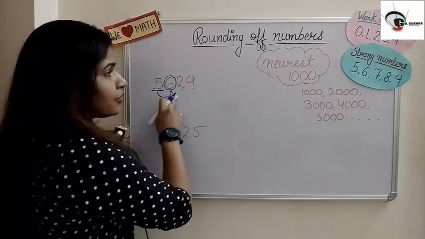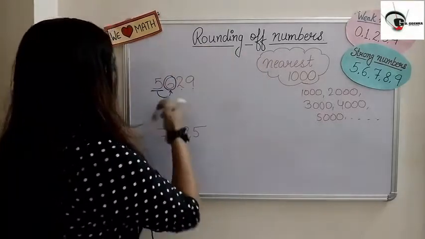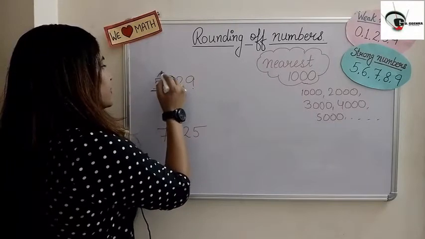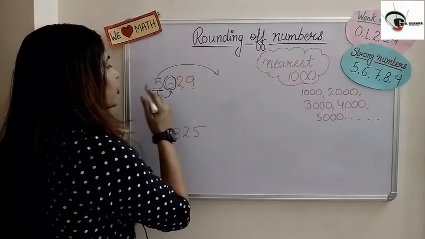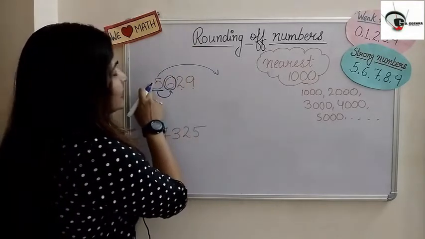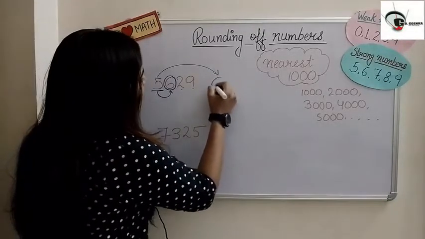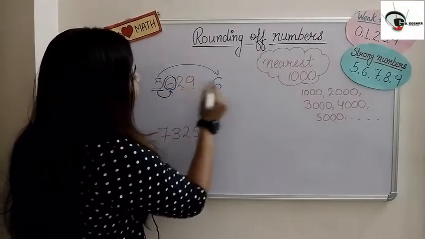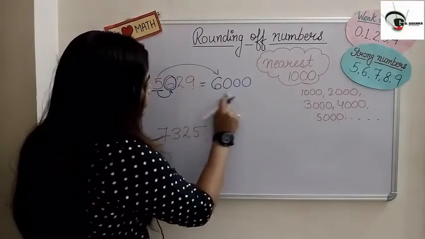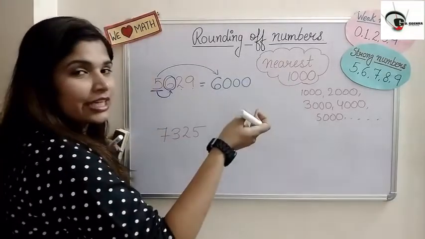And as 6 belongs to the strong number family, it is powerful and it will push this number to the next number. What is the next number of 5? Yes, it's 6. So it will become 6, and these three numbers will become 0, 0, 0. So you can see 6000 is a multiple of 1000. So it is absolutely correct.